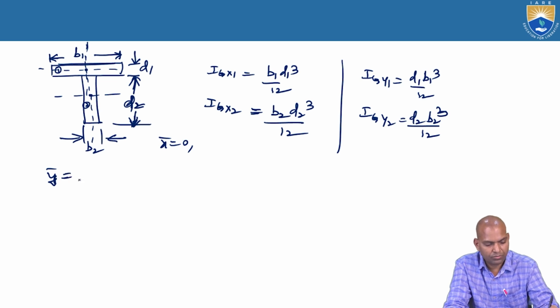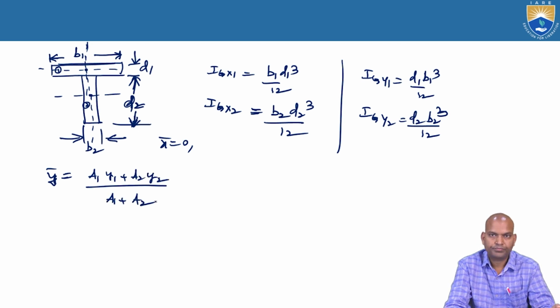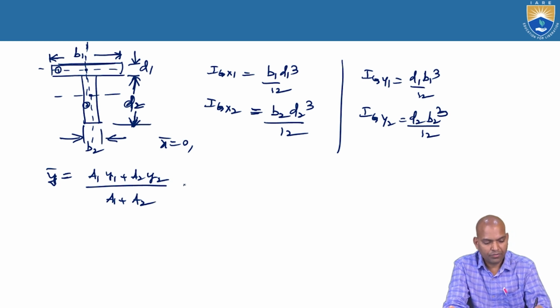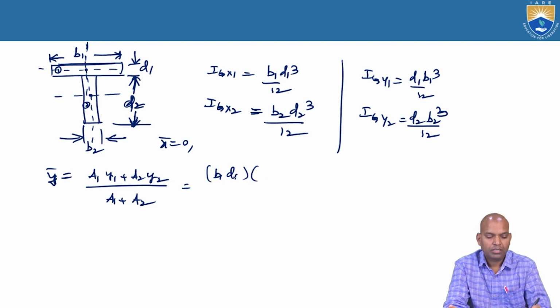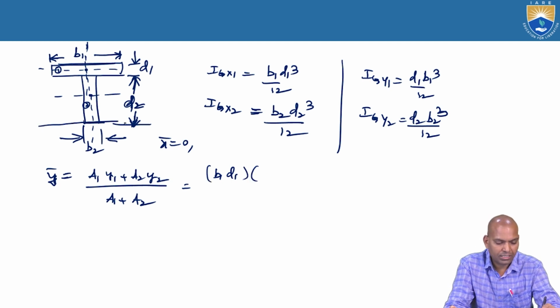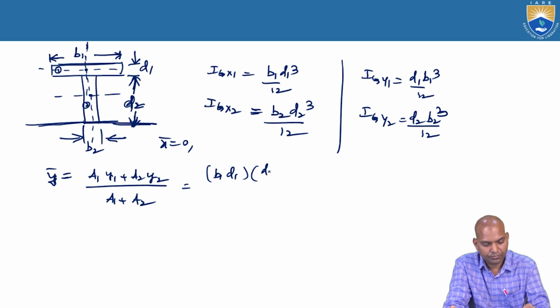Bar y equal to a1 y1 plus a2 y2 by a1 plus a2. What about a1 here? This a1 equal to b1 d1. What about y1? Consider the reference axis. This is the reference axis. What is y1? y1 equal to d2 plus d1 by 2.